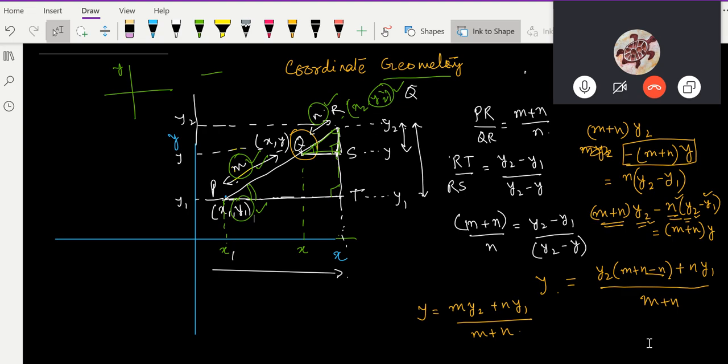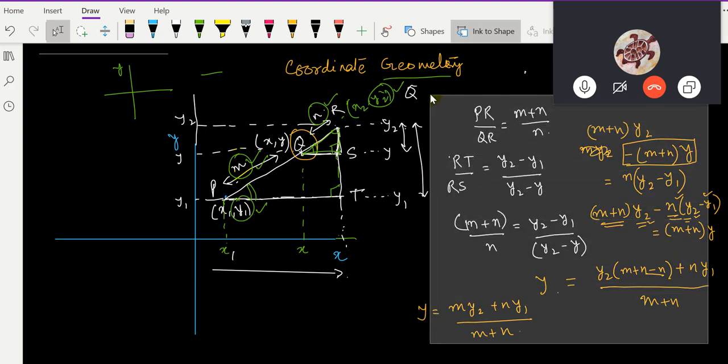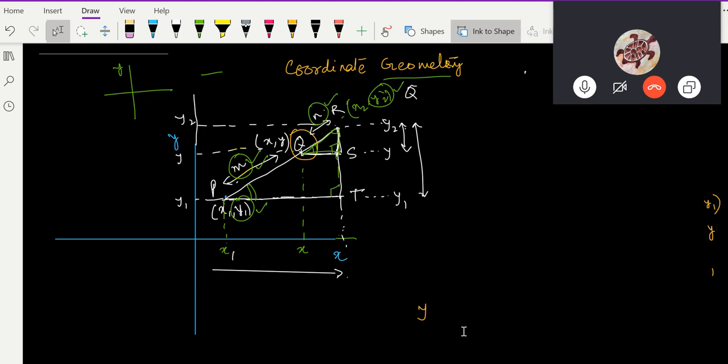Now we have to find the value of x. So tell me, how will you find the value of x? We know that PR by QR is equal to PT by QS.